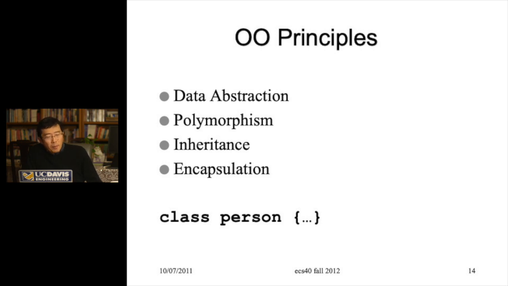The other one is called polymorphism. Polymorphism means that there's the same object, but they might behave differently when their attribute or their classification are somewhat different. So, for example, if we have a class called person, we might have two types of persons.